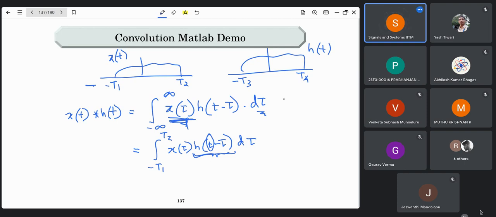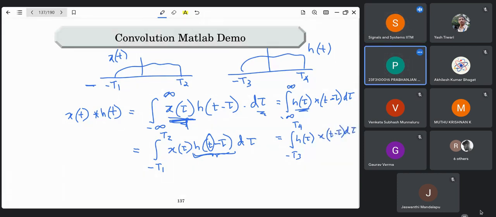If you are integrating in this manner, where you have h of tau times x of t minus tau d tau, then your limits can be minus t3 to t4, because now the variable of integration is directly inside h, and h of tau is non-zero only between minus t3 and t4. In this case, you can integrate over these limits. Here, the limits of x do not really matter.